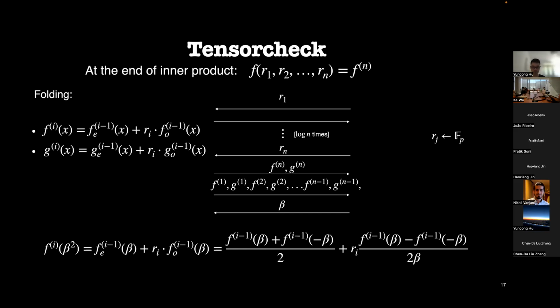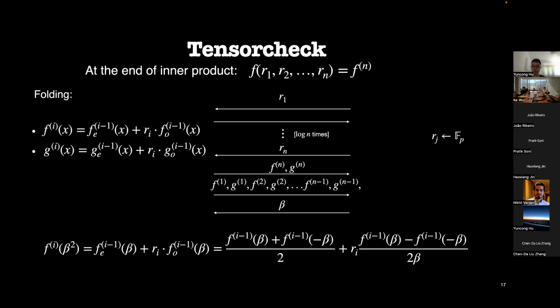Question. Maybe this is exactly what you said, but I just wanted to confirm. Are you saying that using tensor checks, there is a generic way to build a multivariate polynomial commitment scheme just given a univariate polynomial commitment scheme? That's what we do in Gemini.